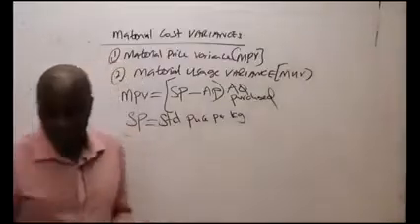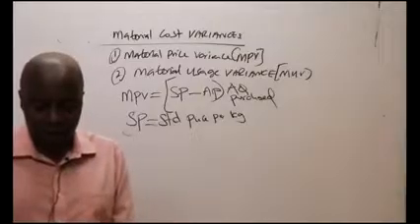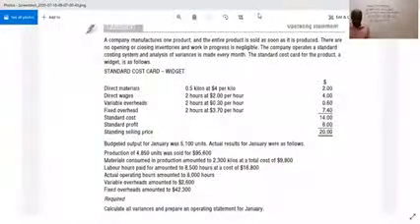If you look at the question that is pinned there, ladies and gentlemen, you will be able to see the standard cost card of producing a widget. Immediately after the first paragraph, we are told that the company operates a standard costing system and analysis of variances is made every month.